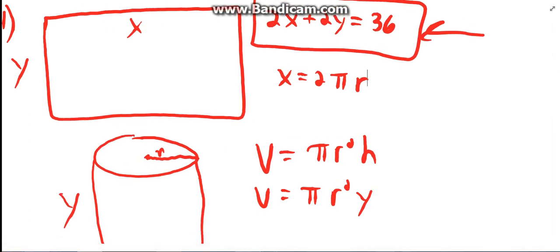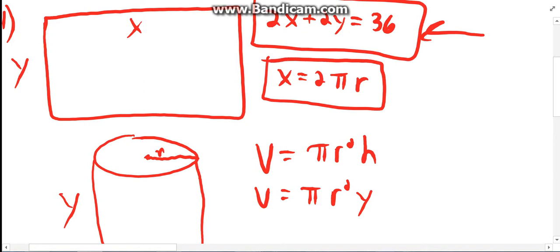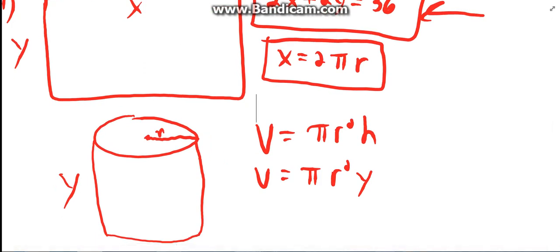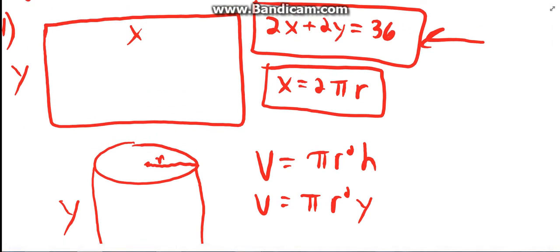Cool. So now we have two restriction equations here, and we need to go down to our optimization equation and get rid of either r or y. Since we have r in terms of x and we can get y in terms of x, I think we switch everything to x's. So r, if you solve this equation up here, is x divided by 2 pi.